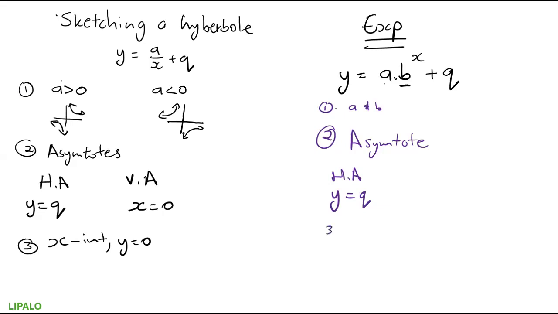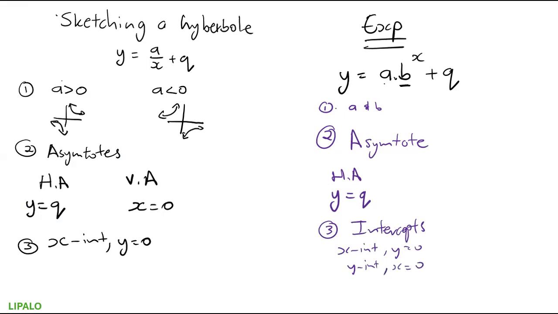The third thing will be what? The intercepts. So you calculate the x-intercept, where y is equal to 0. Then you have the y-intercept where x is equal to 0.